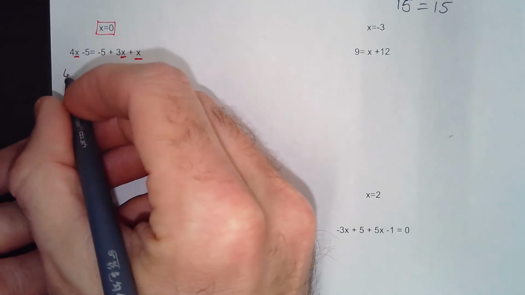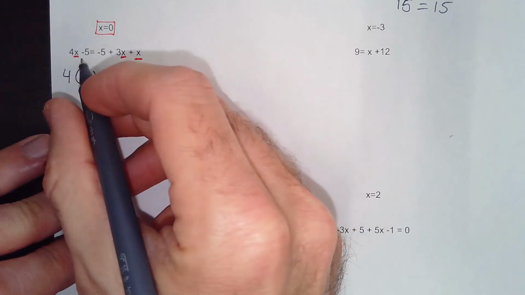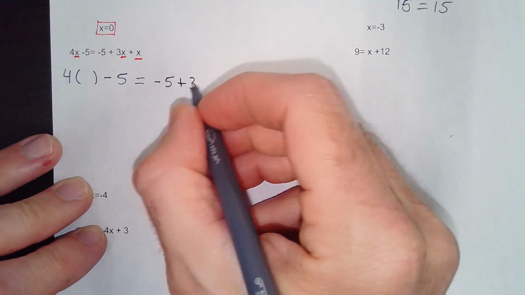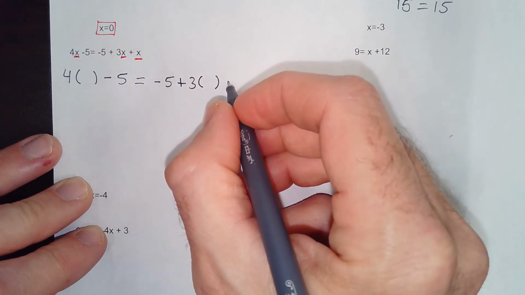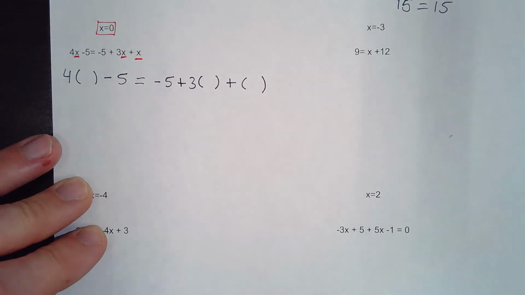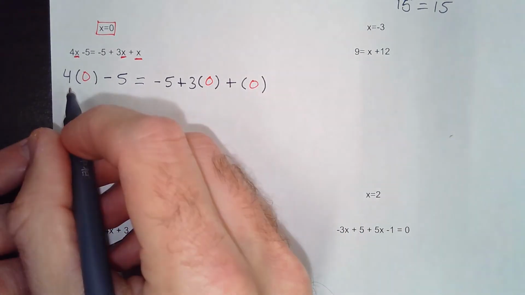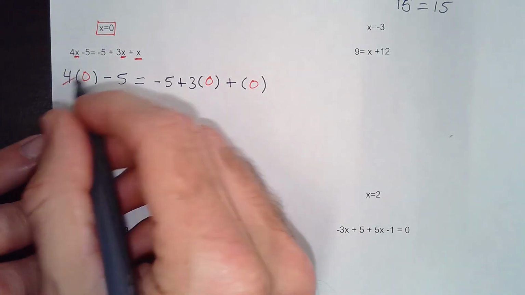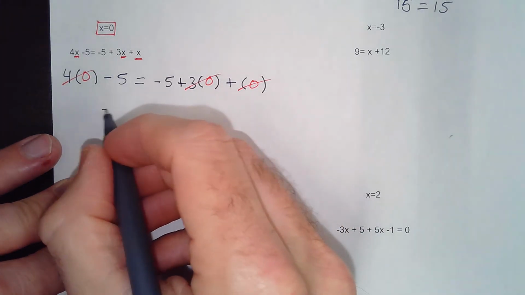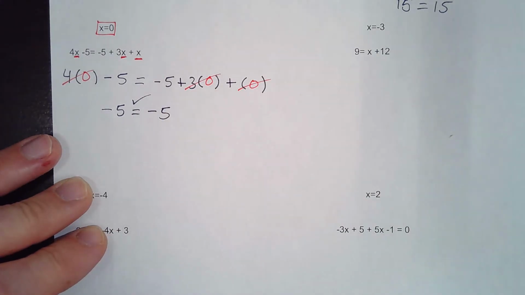So 4, instead of x, I'm going to put a set of parentheses: 4x minus 5 equals negative 5 plus 3 times x plus x. Replace my x with 0. Well, anything times 0 is just 0, so I'm going to cross that out. What does that leave me with? Negative 5 equals negative 5. That one's true.